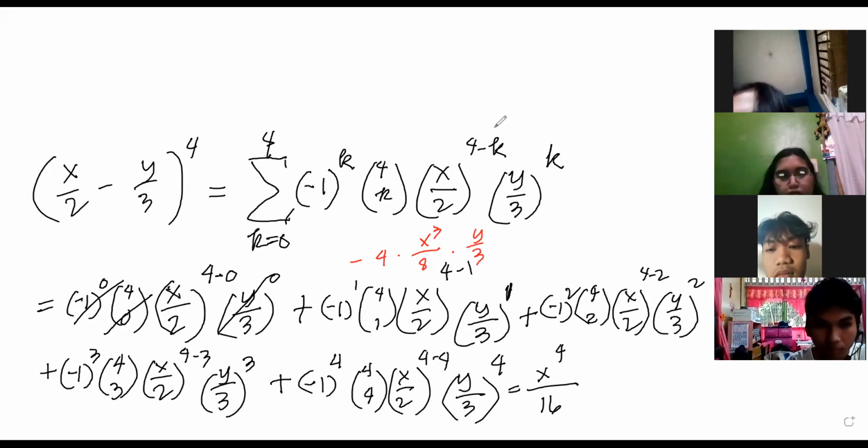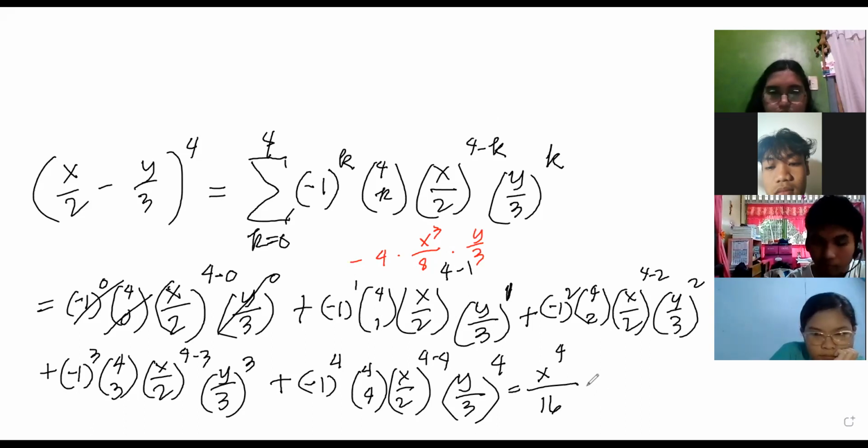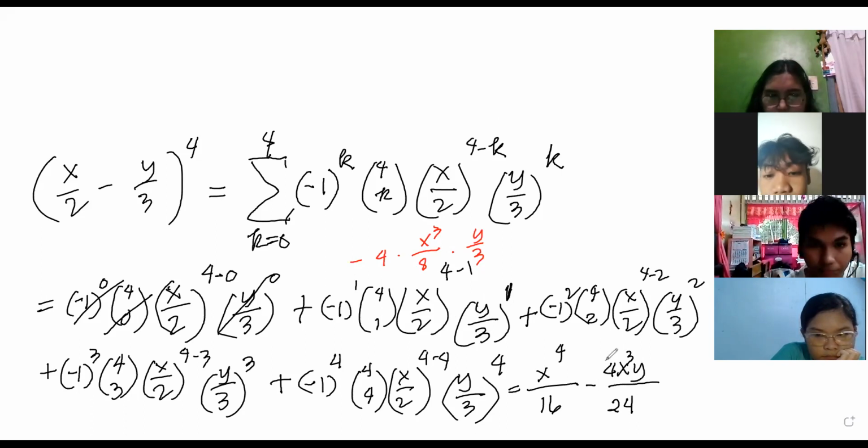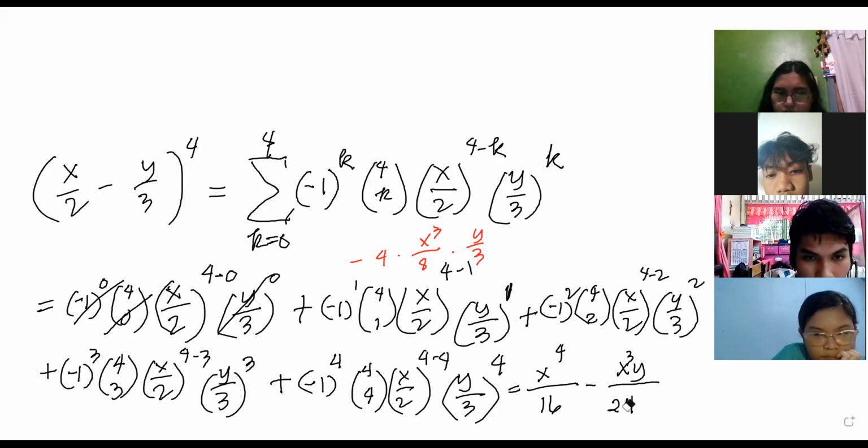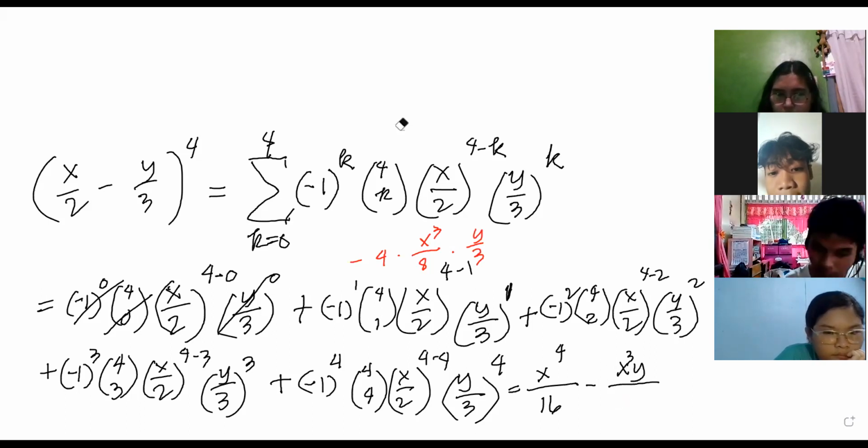If you simplify it further, it will give you minus 4x cubed y all over 24. Right? Or you can reduce it by 4. This becomes 1 over 6, right? Agree? So your answer here is negative x cubed y over 6. Sakto no? So we're done here.